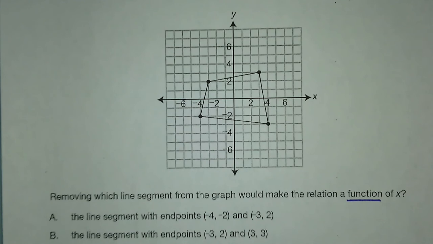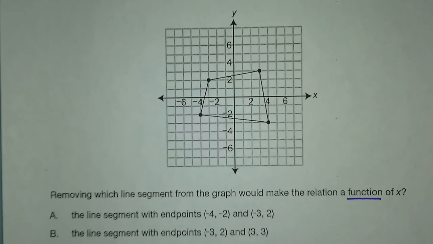What does it take for something to be a function? Well, if you looked it up in a textbook or on Wikipedia, it would probably say something like, for every x value, there can only be one y value, for every input, there's only one output.